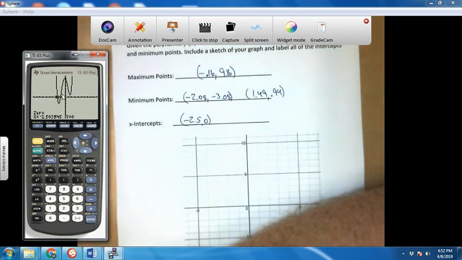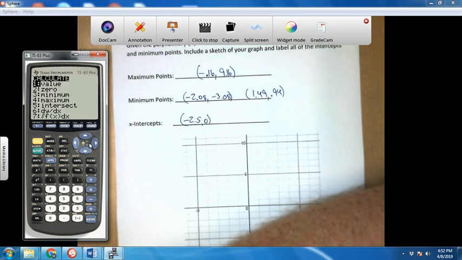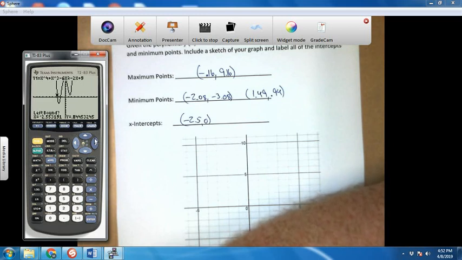So now I'm going to go find this other one. So second trace, zero. I want to be to the left of this other root, which I am right now. I'm going to press enter. The little triangle appears, so I'm going to press the right arrow. So I'm past the intercept, so I'm good there.